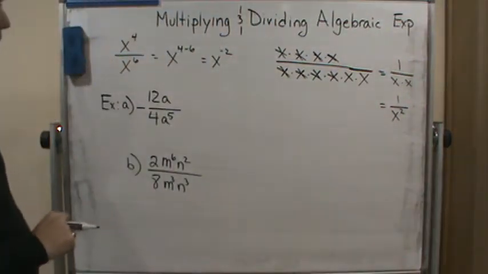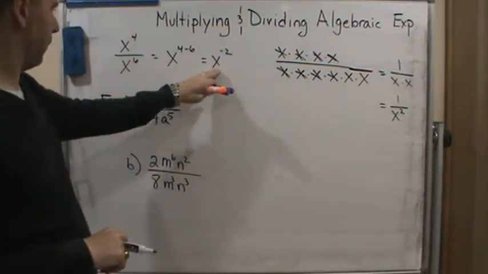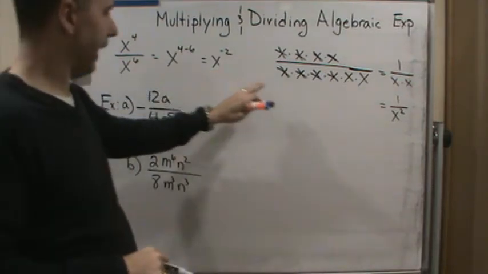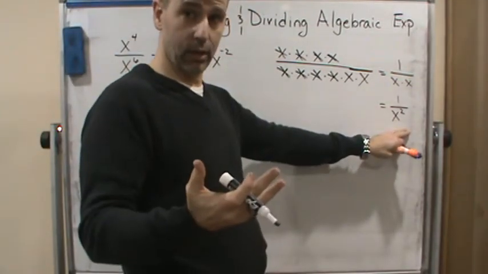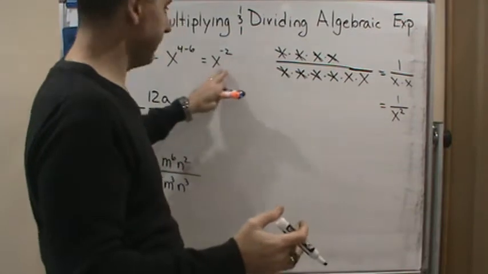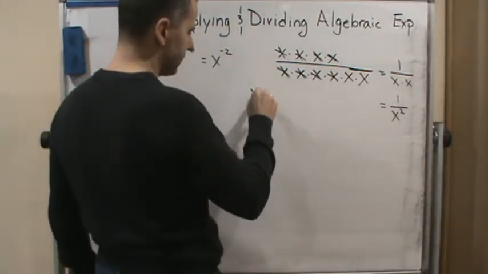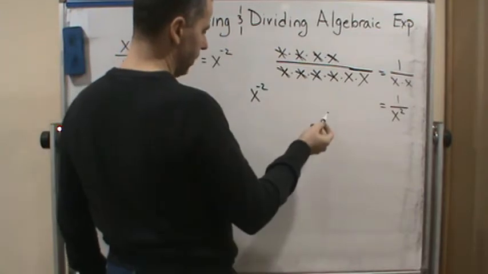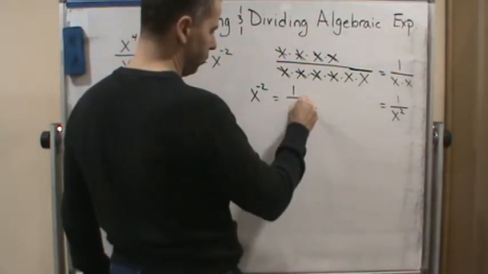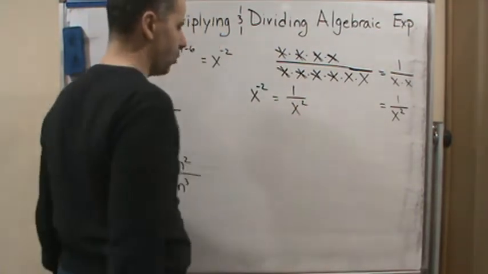Because this has to be equal to this, it has to be. So guess what? That's the new rule. We find that x to the negative 2 is equal to 1 over x squared.